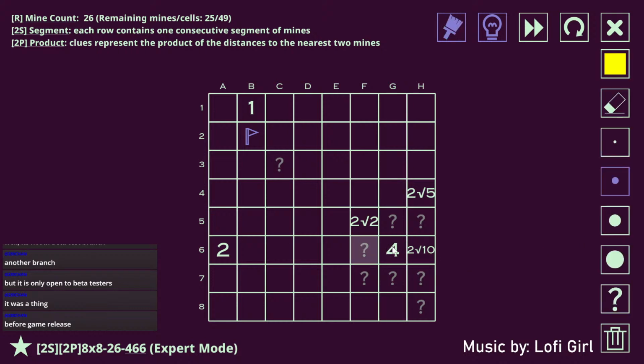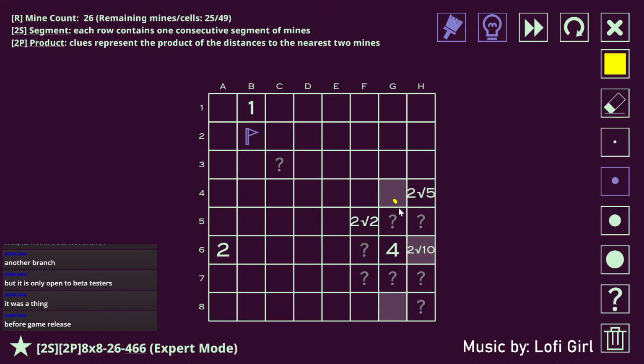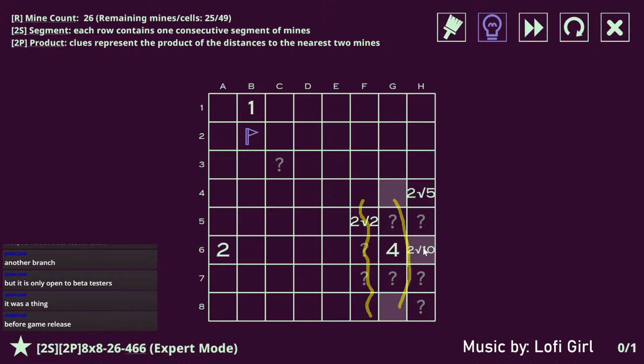I don't know how to notate this properly, so I guess I'll just memorize that information. 2 by 2 here is not going to give us anything else. It has to be some number of mines here plus some number of mines here. Everything outside of that is further away, so it's not relevant anymore.